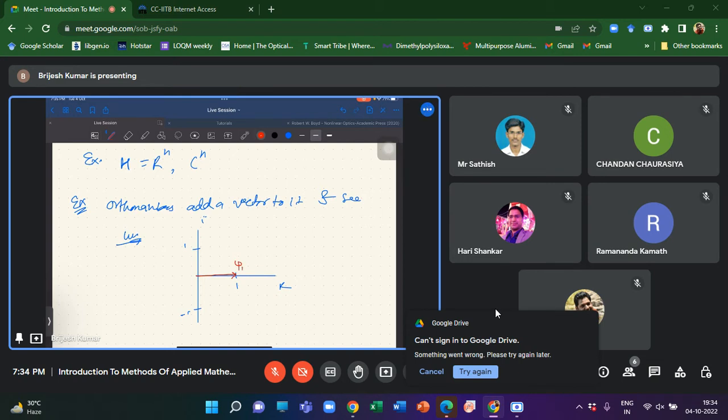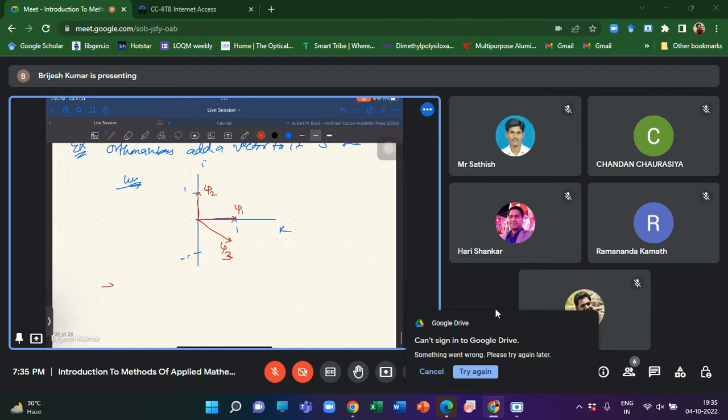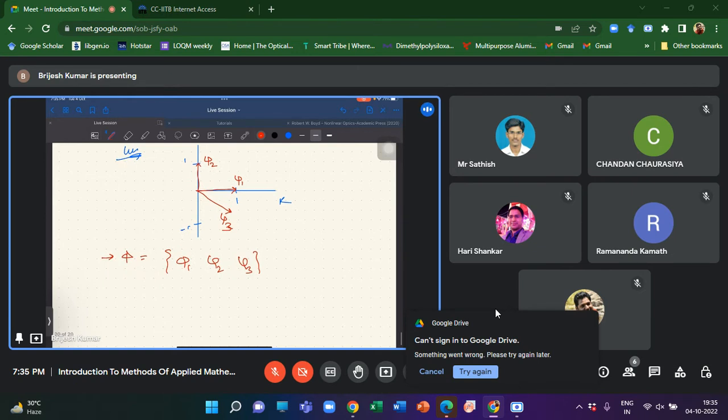This one is phi 1, this is phi 2, and this is phi 3. So phi is phi 1, phi 2, and phi 3, given as (1, 0)^T, (0, 1)^T, and (1, minus 1)^T.